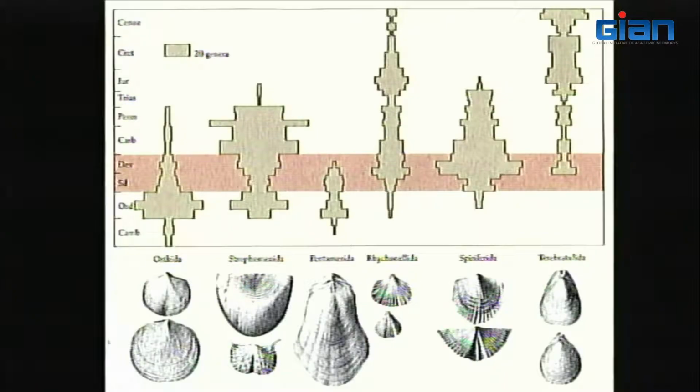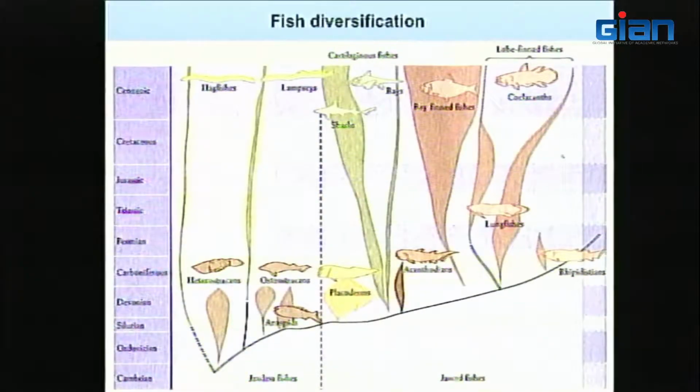So I said also that it was really a golden time for fish diversification, and this is really true, as you can see here.